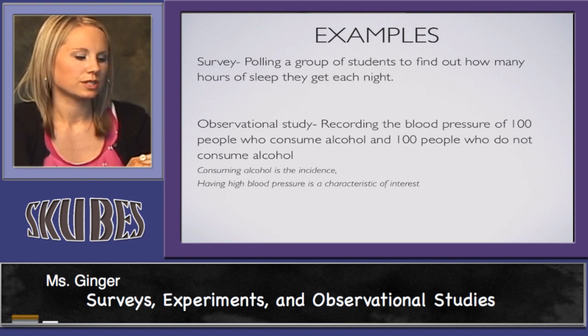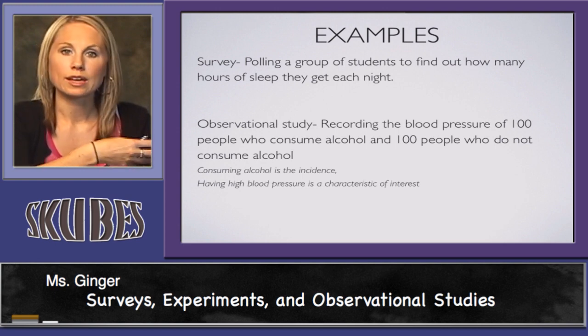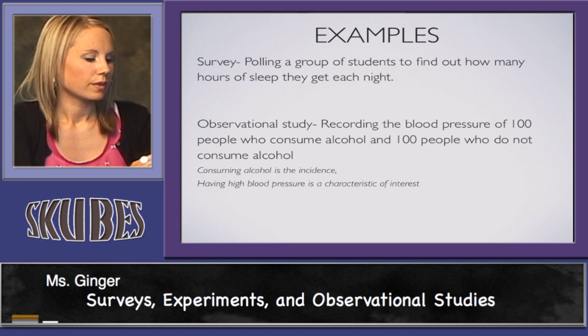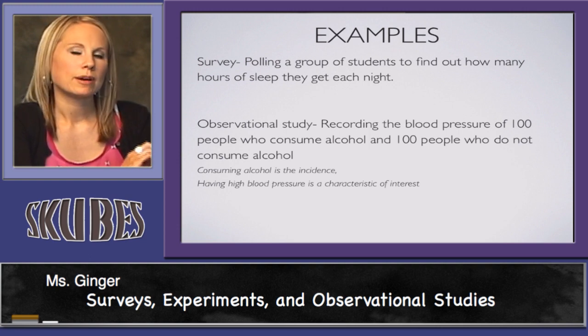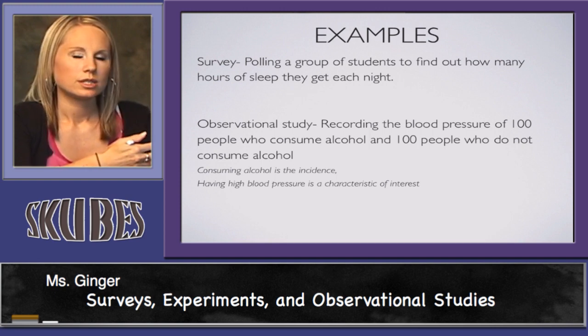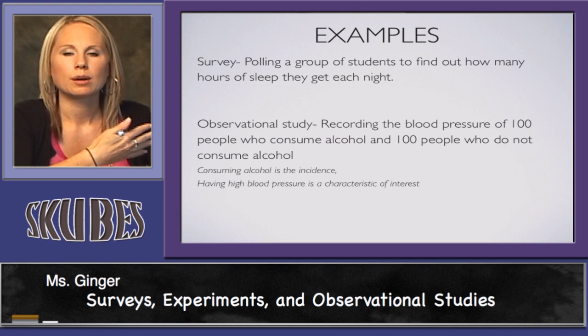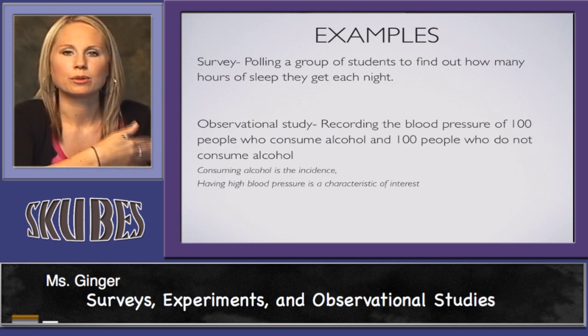An observational study would be if I wanted to know if there was any relationship between alcohol and blood pressure. So I might simply ask a sample of people how many ounces of alcohol they consume and whether or not they suffer from high blood pressure, low blood pressure.